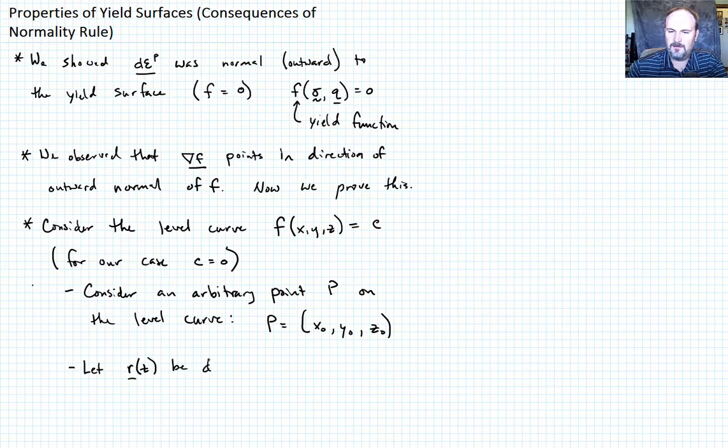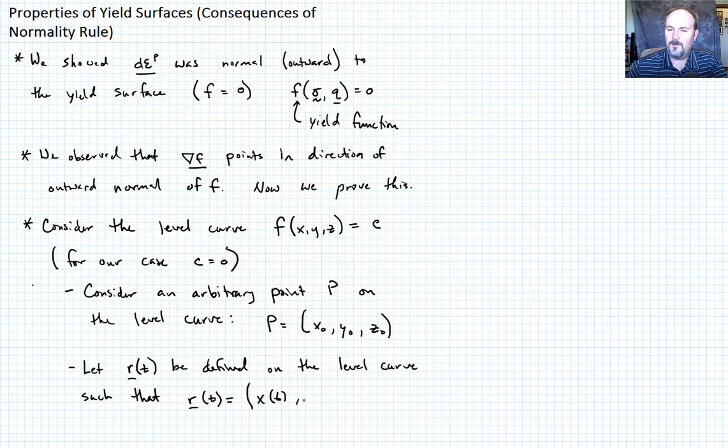So let r of t be defined on the level surface or curve such that r of t equals x of t, y of t, and z of t. So this curve r of t runs along the level surface and gives us the values x, y, and z that correspond to wherever we are on this level surface.